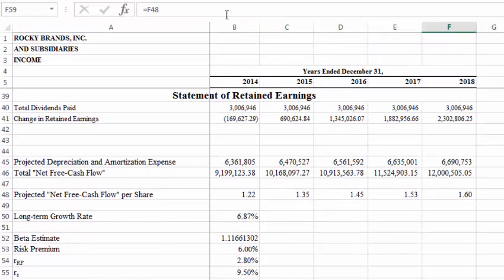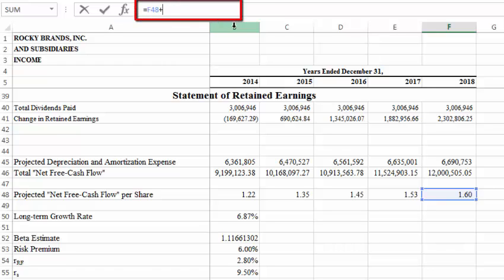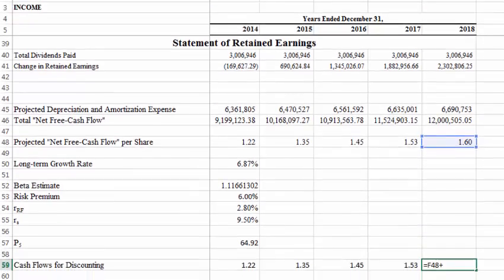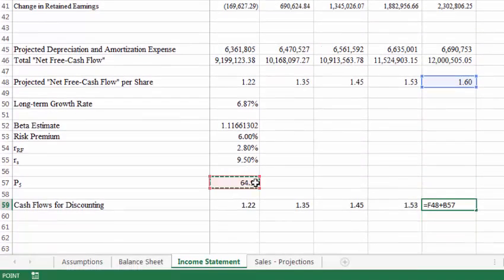Except on this one I'm going to have to edit by coming up here, and instead of just saying it's that one number in 2014, I'm going to have to say it's that number plus everything that comes after that, just like we did in the other one. And everything after that is that P5.